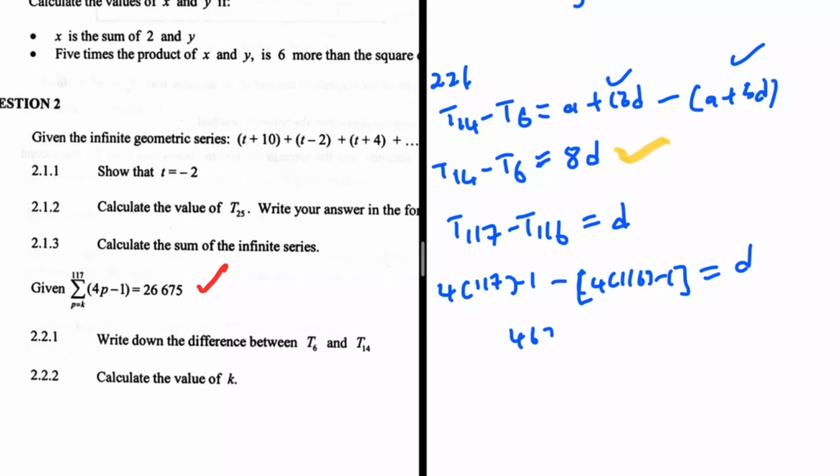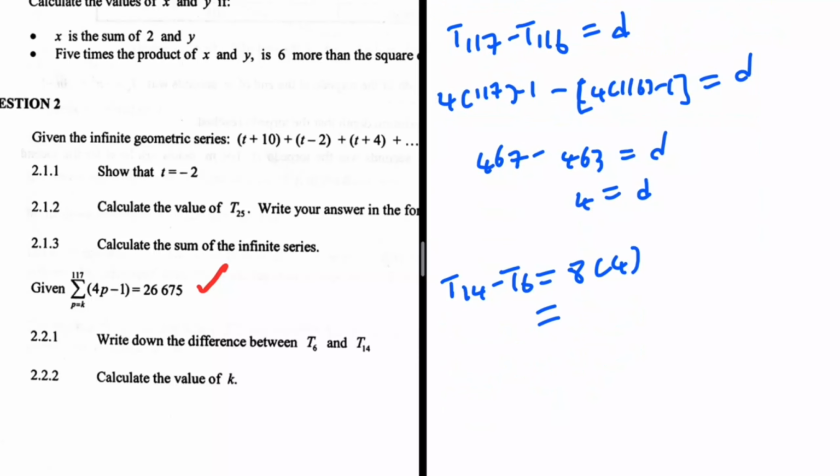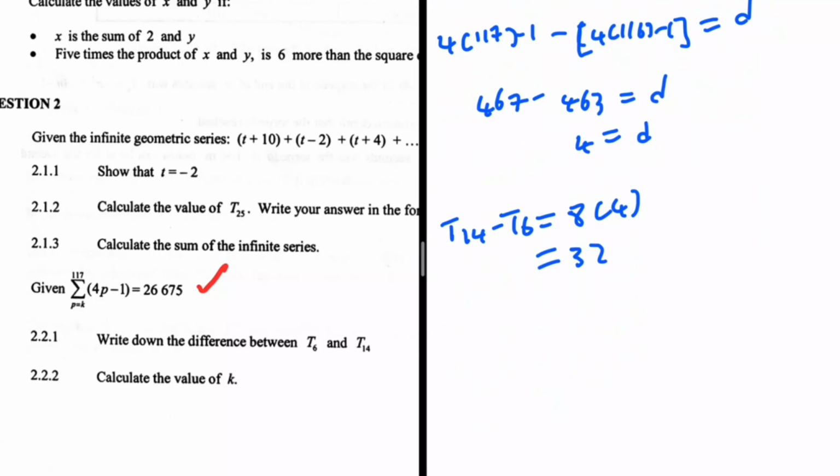Okay, let's stick to the basics. 467 minus 4 multiplied by 116 minus 1. That is 463, and that is equal to D. So what's the difference there? The difference is 4. So 4 is equal to D. So now T14 minus T6 will be equal to 8 multiplied by 4. 8, 16, 32. There we go.